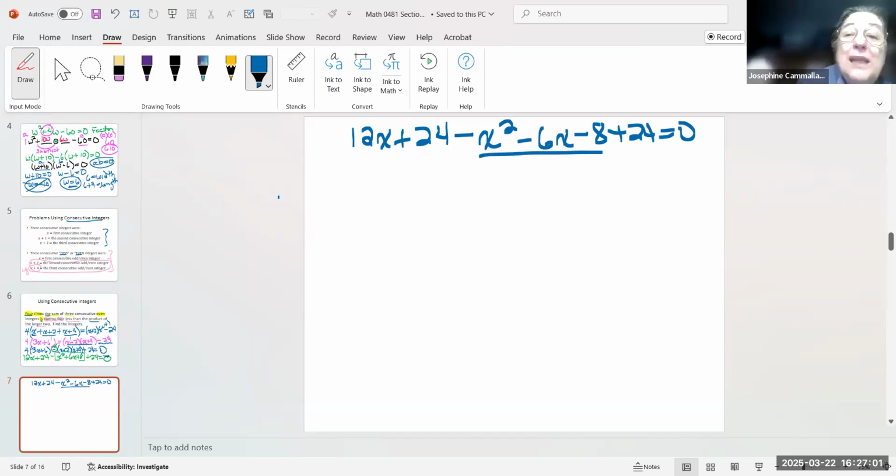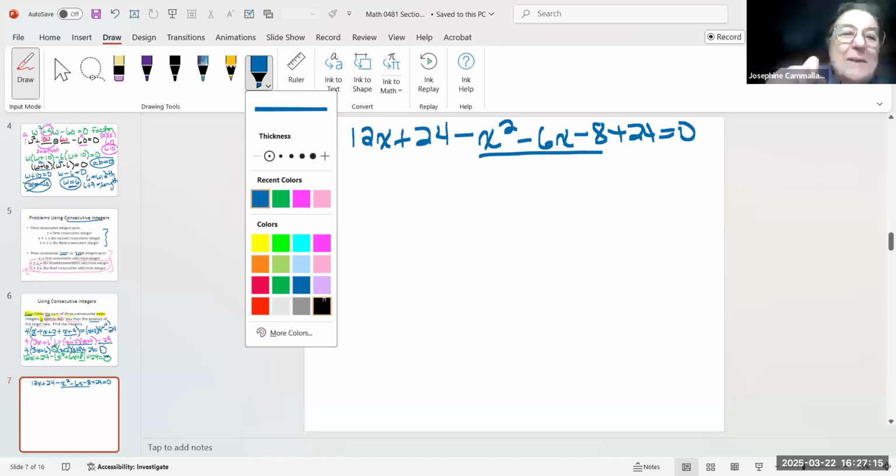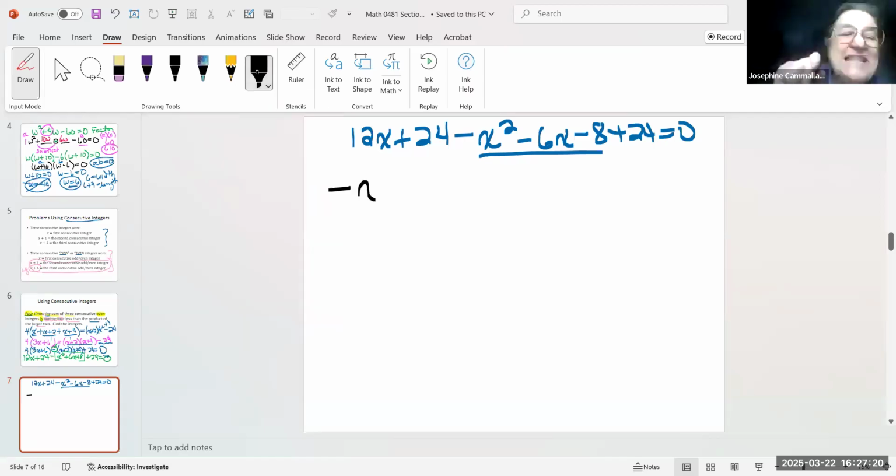Notice that my binomial, x plus 2, x plus 4, everything became negative. Now, we're going to combine terms, but write them in descending order. Well, this is going to give me negative x squared. That's that term.